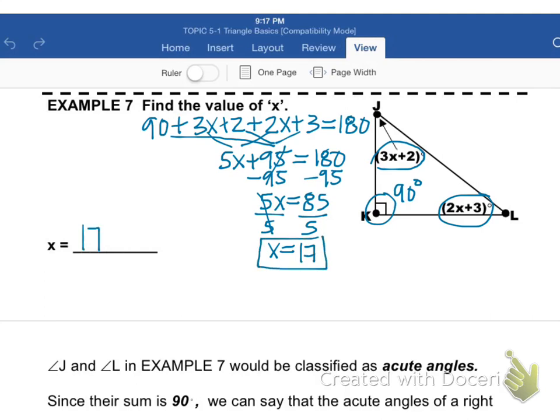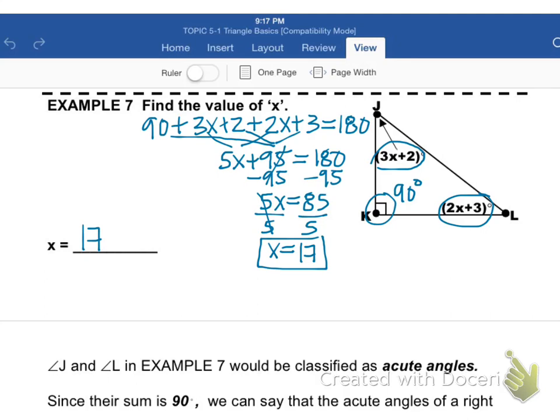Now again, that's just solving for x, but a lot of times I'll have you go back and plug them in. I could have you plug it in for angles J and L to figure out what the measures of those two angles are. If we do it in our head, look at angle L, 2 times x plus 3.